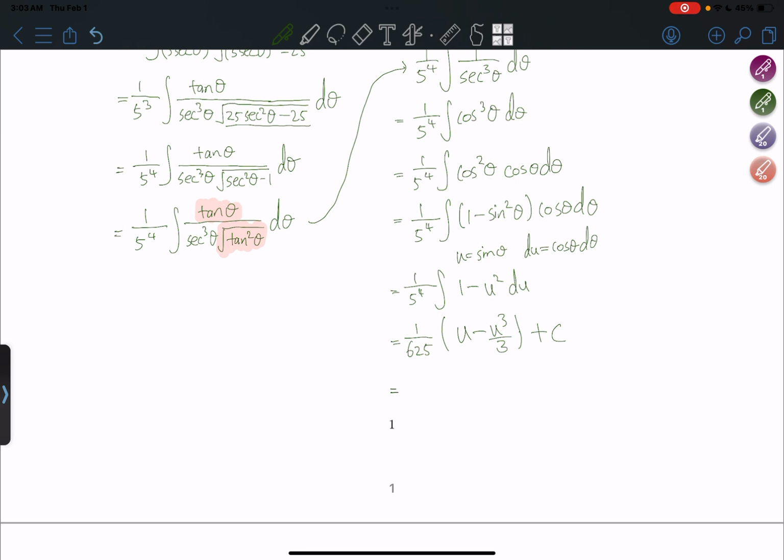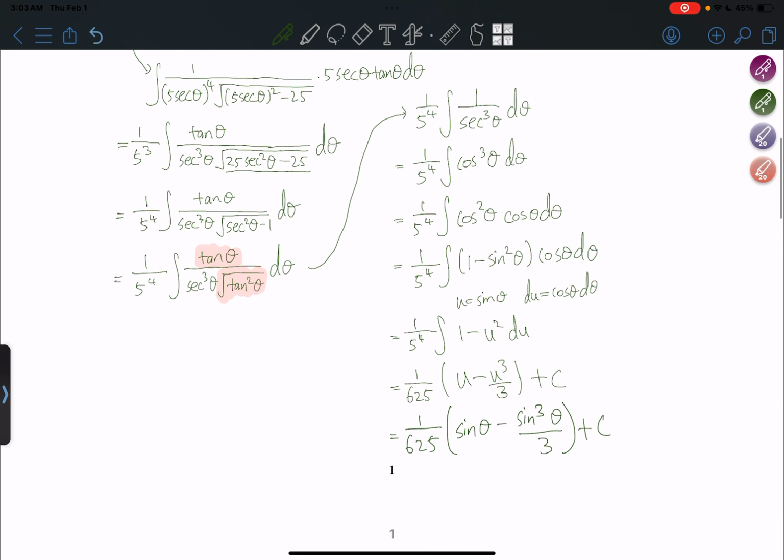U just becomes sine, so sine theta minus sine cubed theta over 3 plus c. Now I need to get rid of the sine and write it in terms of x. How do I do that though?